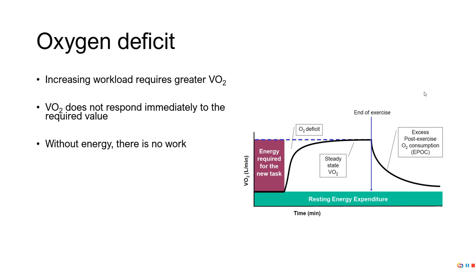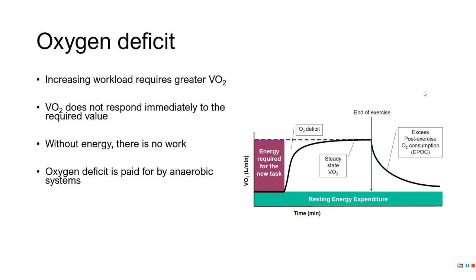But it takes time. And so when we're in this oxygen deficit, we are producing ATP via oxidative systems, but we're not producing enough. And so we have the ability to pay for this deficit by using anaerobic systems. They don't need oxygen, so they're immediately there.